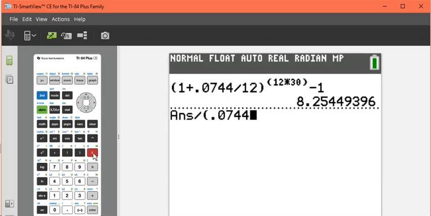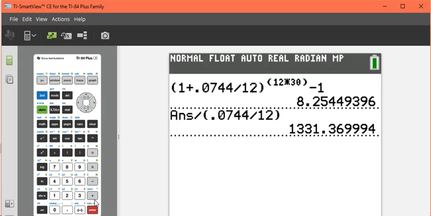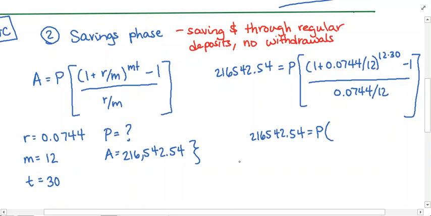Make sure that's in parentheses, the R over M. So this is the number that P is being multiplied by. We've got to retain all of these digits, so let's go write that down. So P is multiplied by this number.